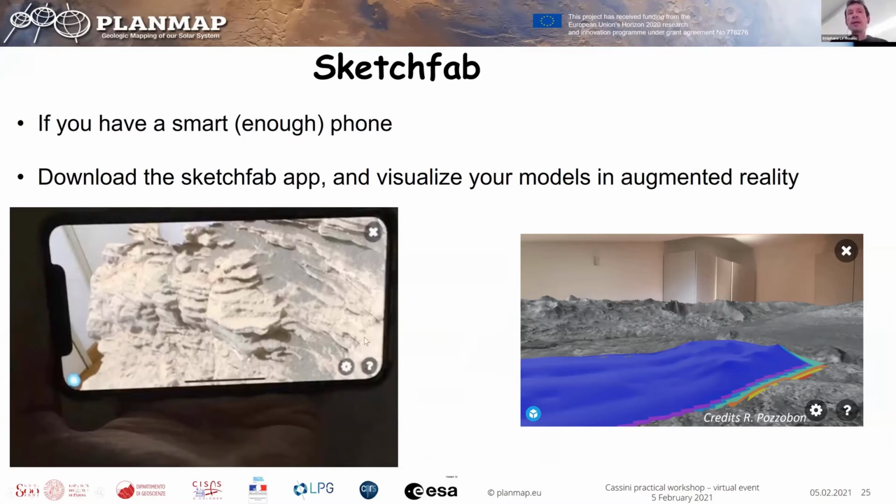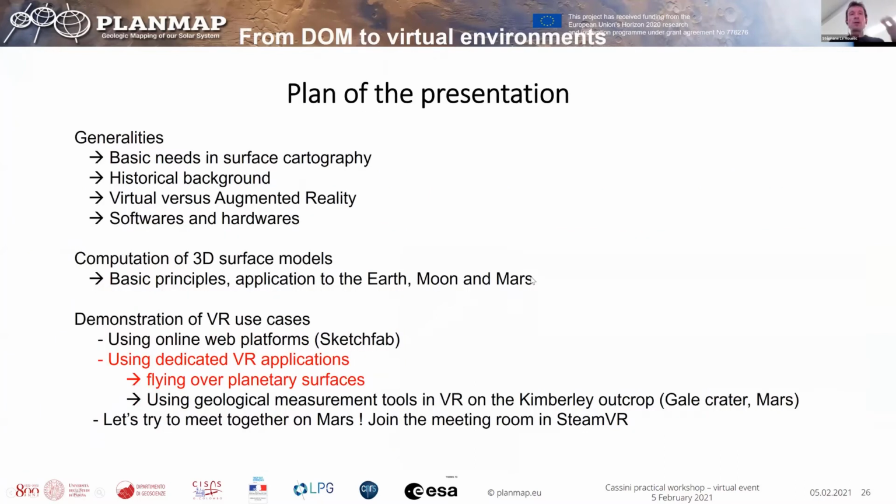So again, it can be very nice to discuss with your colleagues, for example, having the outcome just in front of you in your hand, or to show it to students, or even to analyze it yourself for your science. So it is something which is quite convenient and quite easy to use.